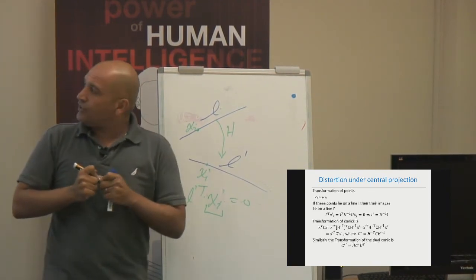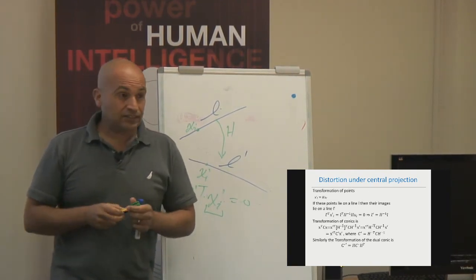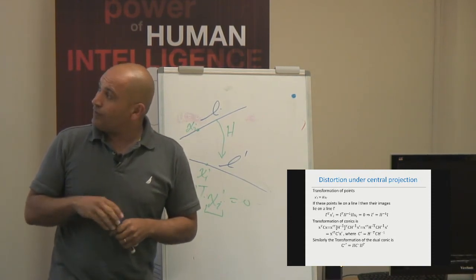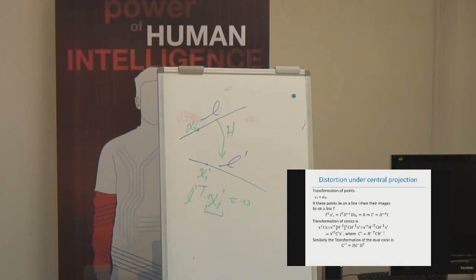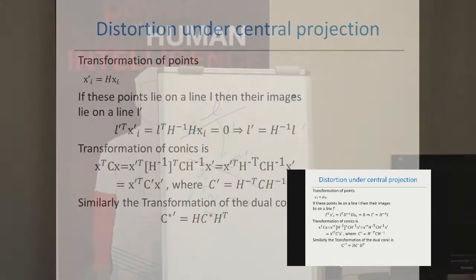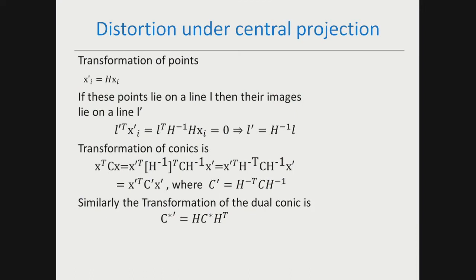The same thing applies if we take conics. We learned from the previous lectures that a point on the conic satisfies x transpose multiplied by the conic matrix representation, again multiplied by x, gives us 0.